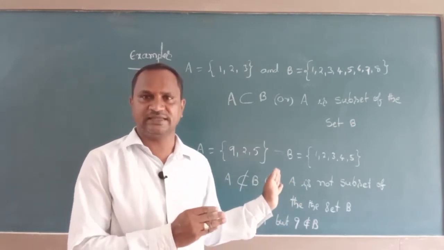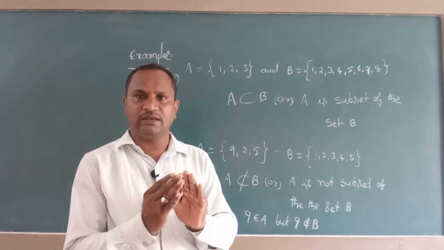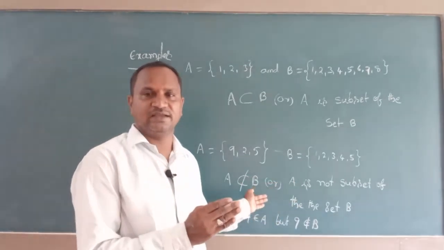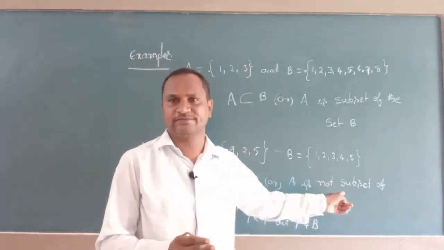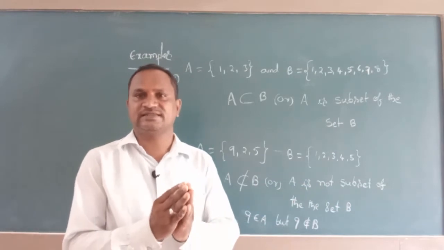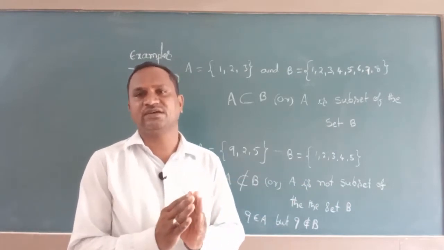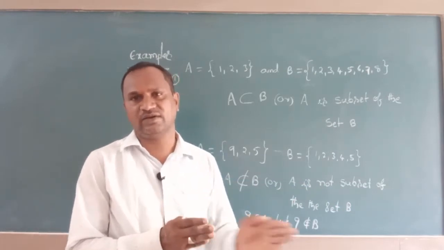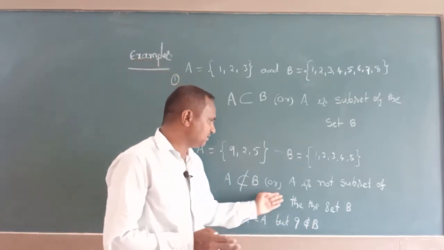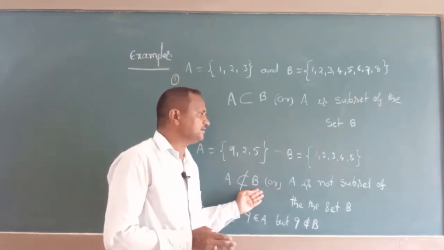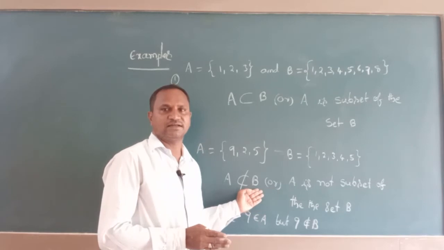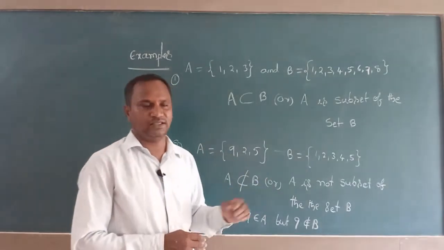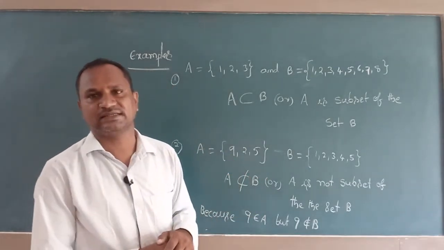One element, 9, is present in set A but not present in set B. In this case, the first set is not a subset of the second set. That's why A is not contained in set B. That's why A is not a subset of the set capital B.